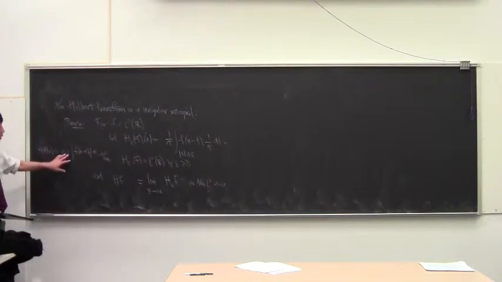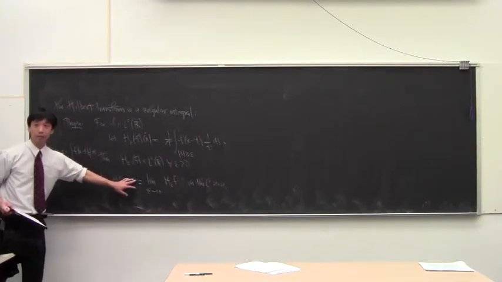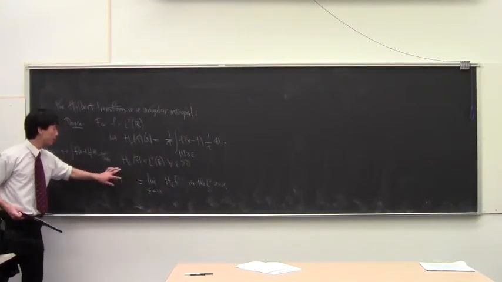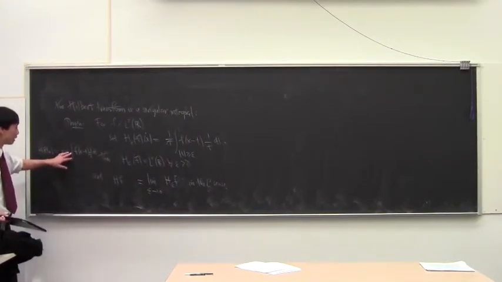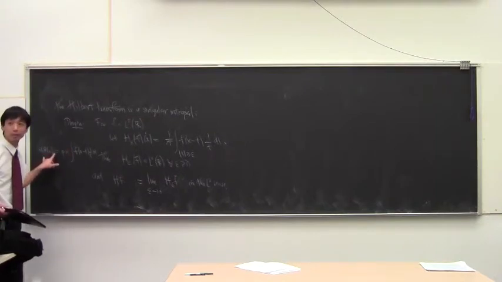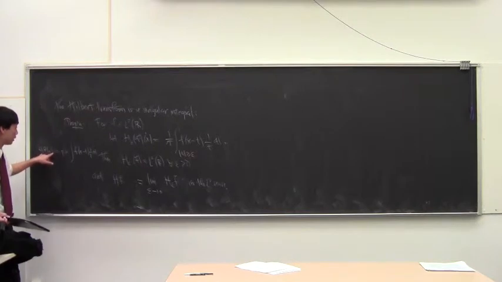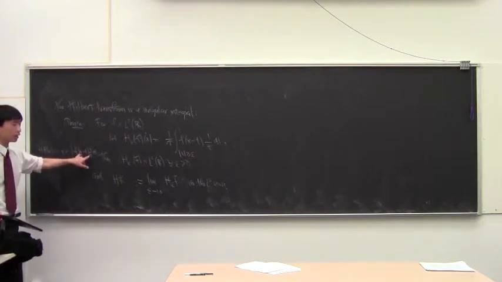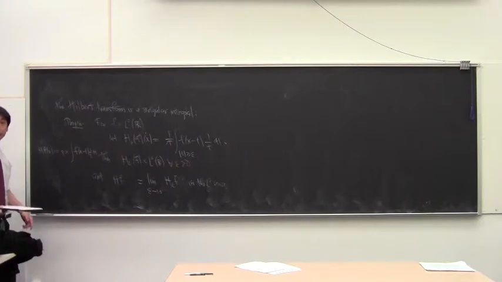Okay, that's basically just an abbreviation for what we're writing here. But what you want to think is that this recognizes the Hilbert transform as something like a convolution, right? As a convolution of f against the kernel 1 over t.